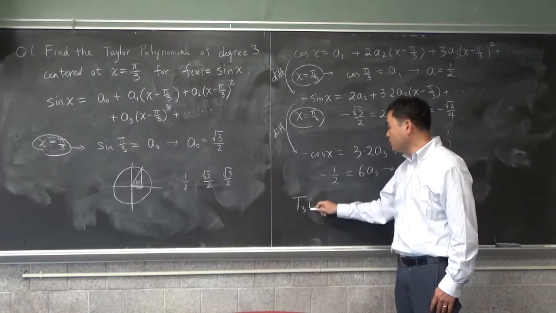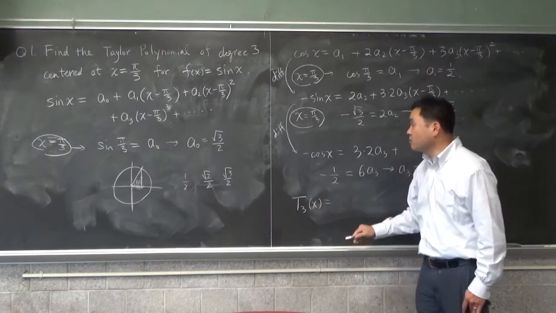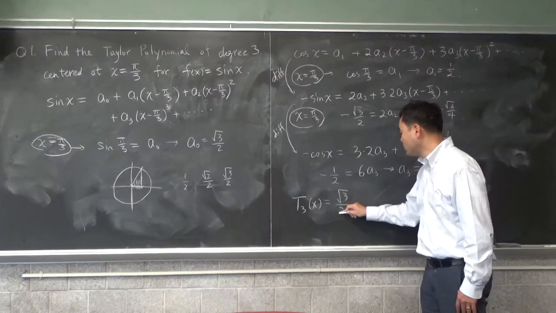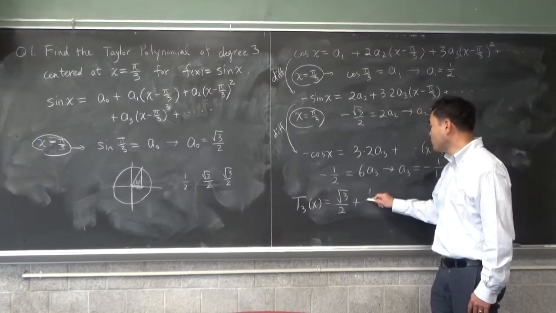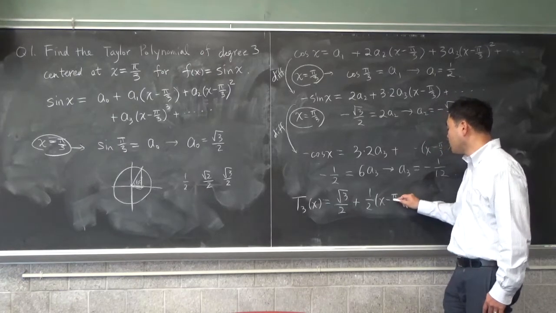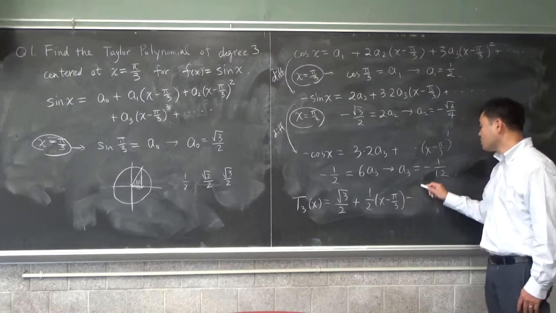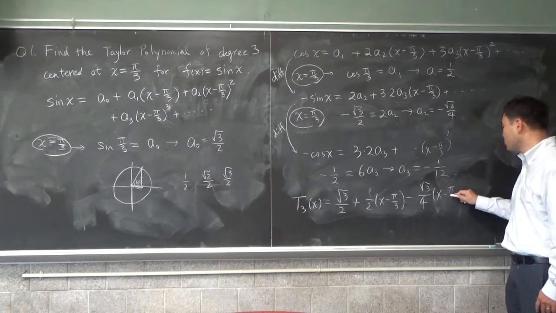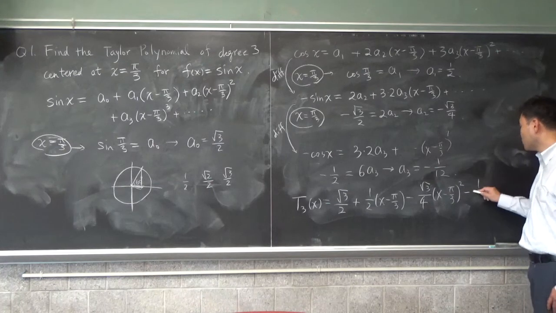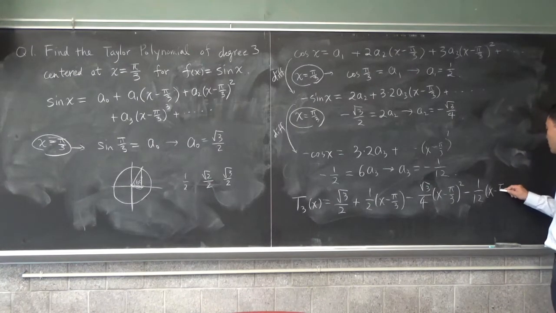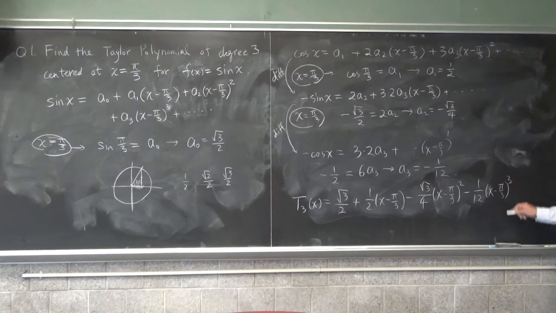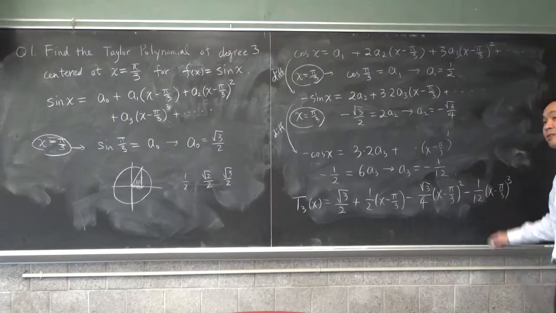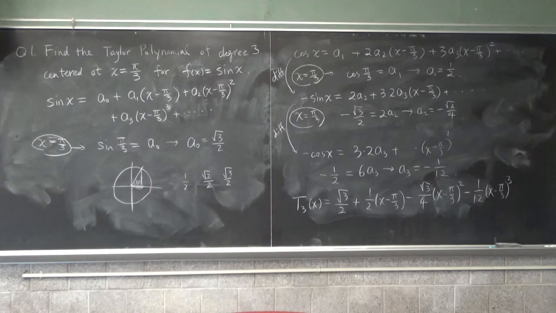So T3 of x is radical 3 over 2 plus 1/2 (x minus pi over 3) minus radical 3 over 4 (x minus pi over 3) squared minus 1 over 12 (x minus pi over 3) cubed. This truncated polynomial will be a good approximation to sine x near x equals pi over 3. Good?